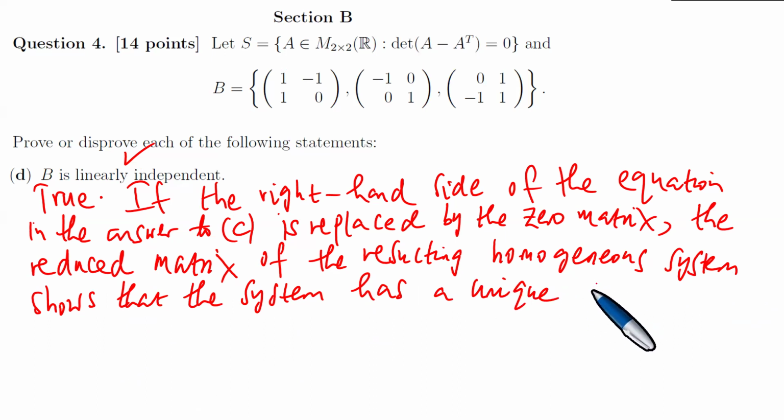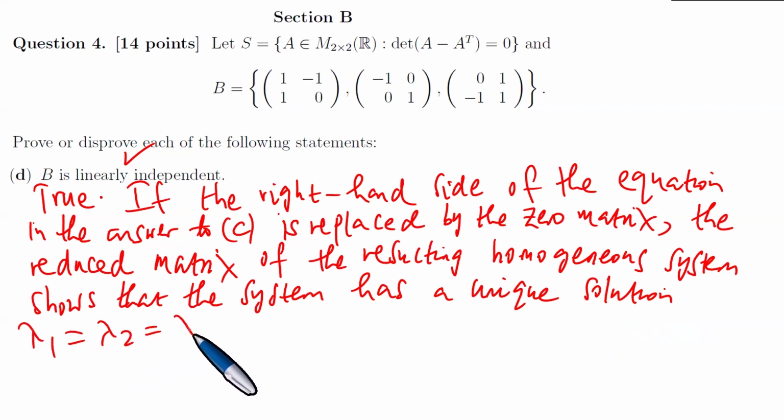Has a unique what? Solution. Lambda 1 equals lambda 2 equals lambda 3 equals 0. So we showed that lambda 1, lambda 2, lambda 3 all equal 0. And therefore it is true that B is linearly what? Linearly independent. All right.